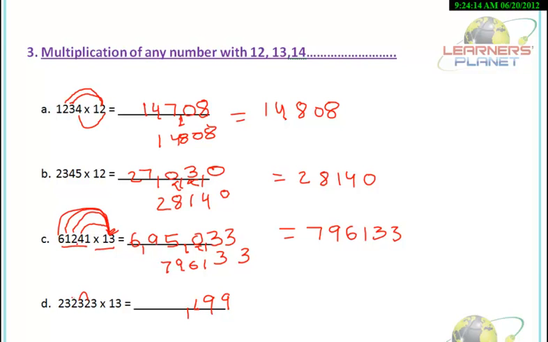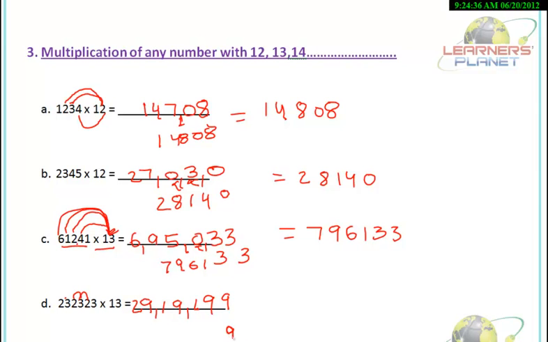Then 2 threes are 6 plus 3, 9. Then 3 threes are 9 plus 2, 11. Then 2 threes are 6 plus 3, 9, and 2 as it is.